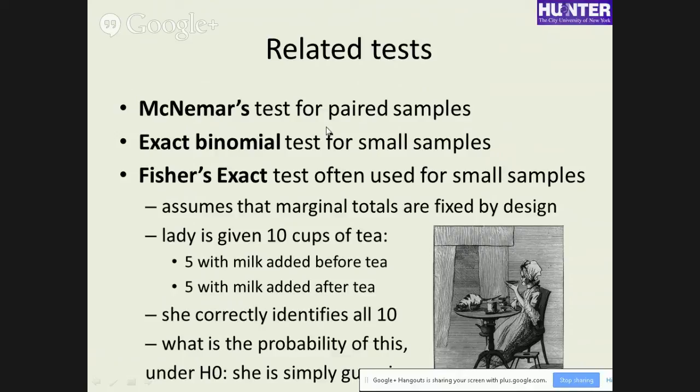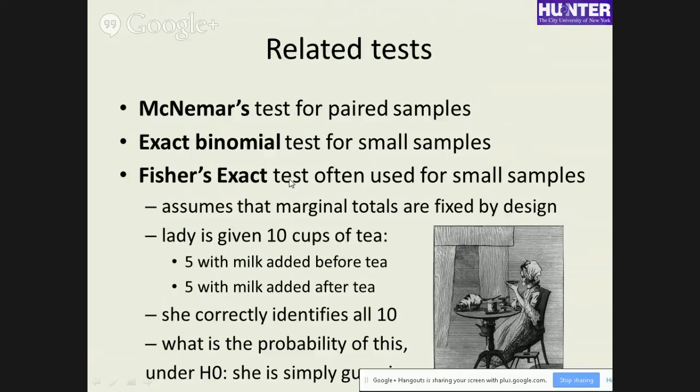The exact binomial test would be the equivalent for small samples, even though the Fisher's exact test is often used for small samples. I don't think of it as an alternative to the chi-squared test because the null hypothesis is different. So it depends on your study design whether Fisher's exact test is appropriate or not.